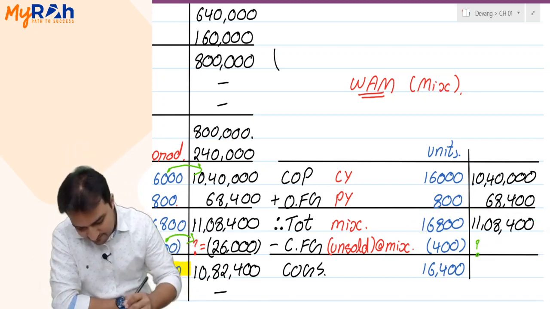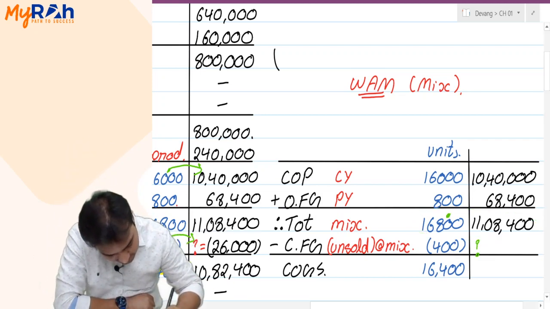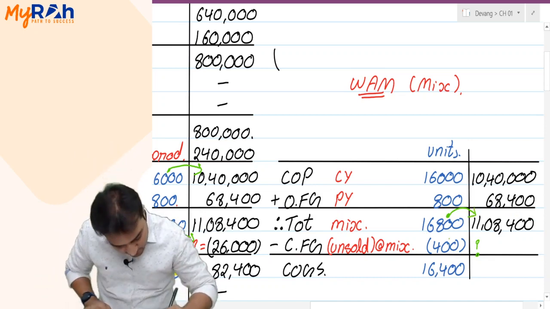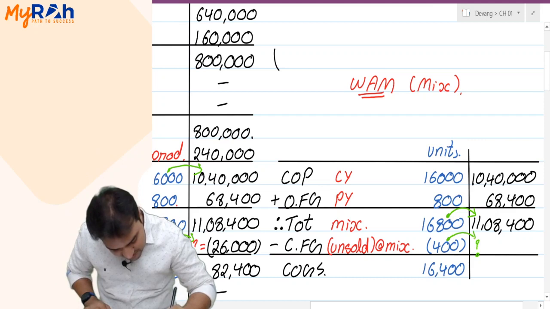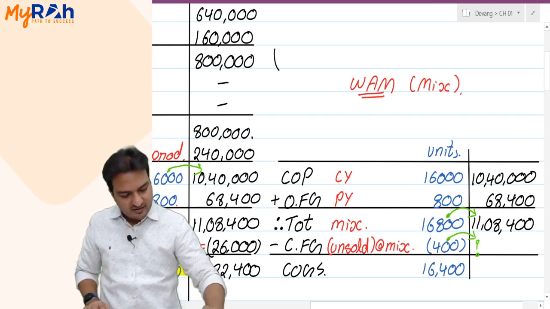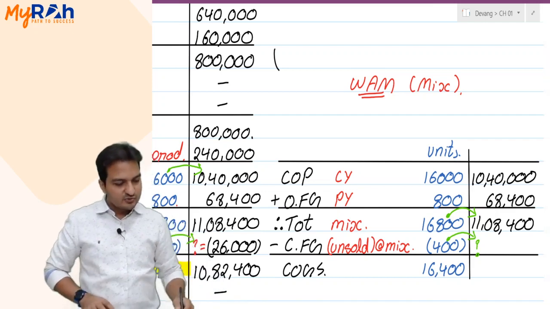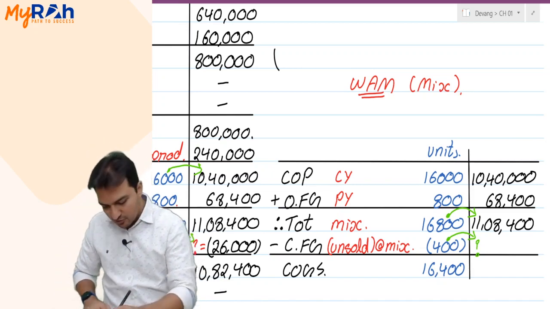Cross multiply. 16,800 is costing 11,08,400, then 400 here should be costing how much? Cross multiply that. 400 into 11,08,400 divided by 16,800 gives me 26,390.